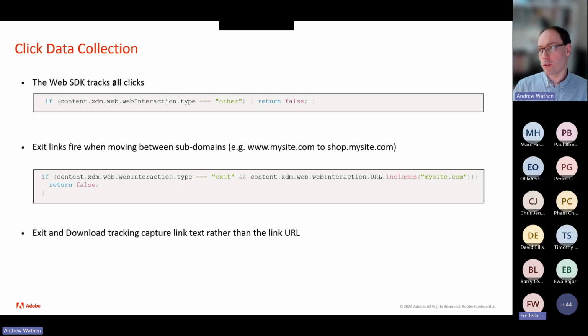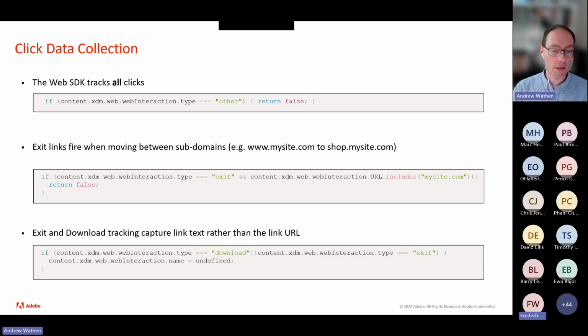You will be used to, with Adobe Analytics, it picking up the URL that you are navigating to or downloading from. What they have changed it to do is to actually pick up the button or link text instead. You may be happy with that behavior, but you also may want to maintain the current behavior of getting the URL for consistency purposes.